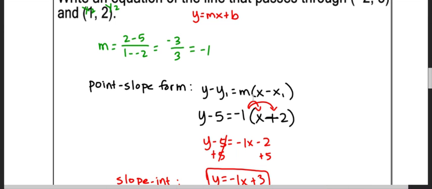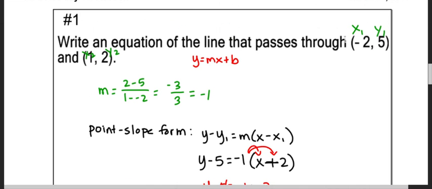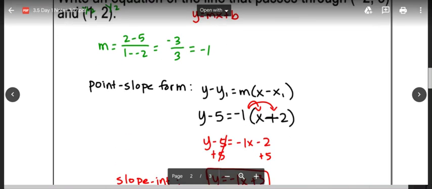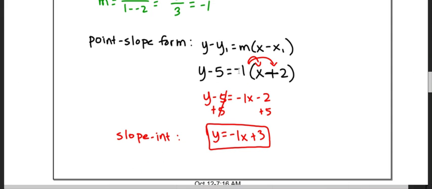We have an x1 and y1 up here, and we now know our slope, which is m. So we plug in 5 for y1. We plugged in negative 2 for x1, and since we had the double negative, it became plus 2. And we plugged in negative 1 for m, which is our slope.